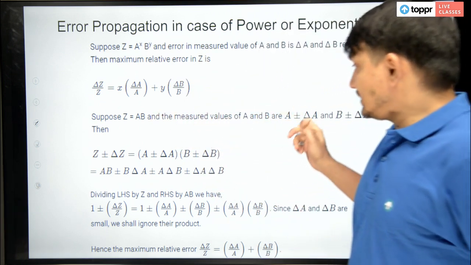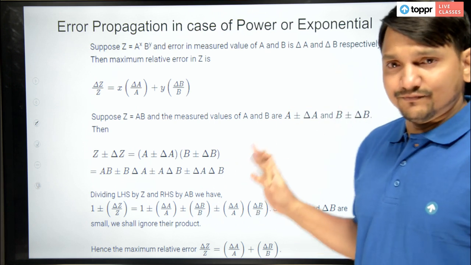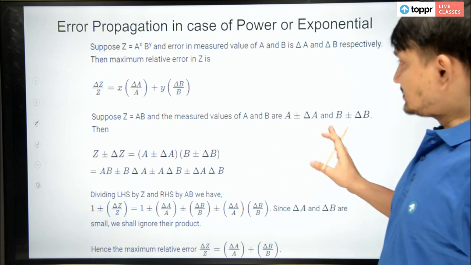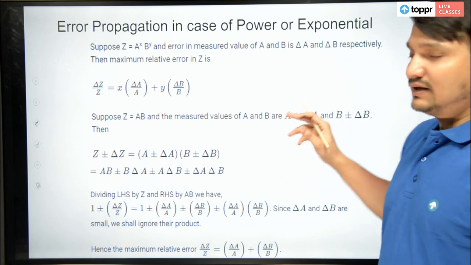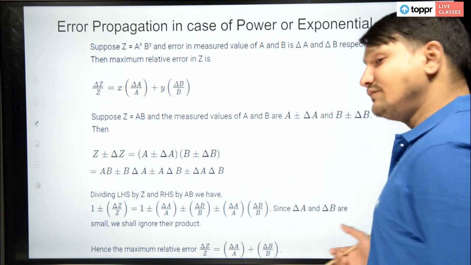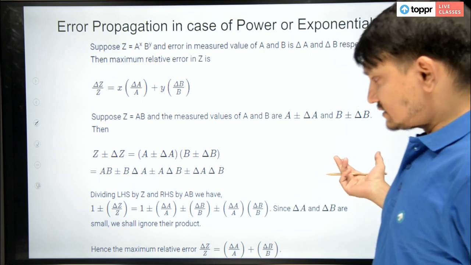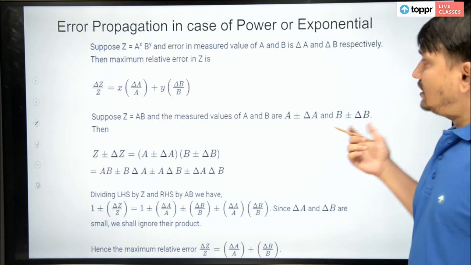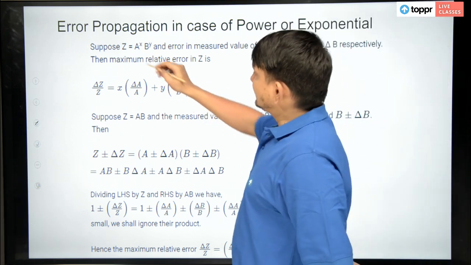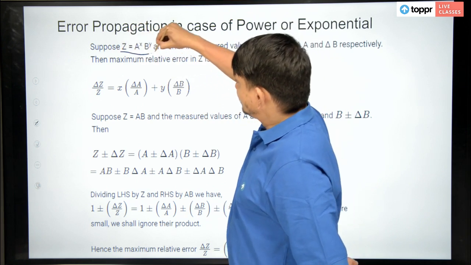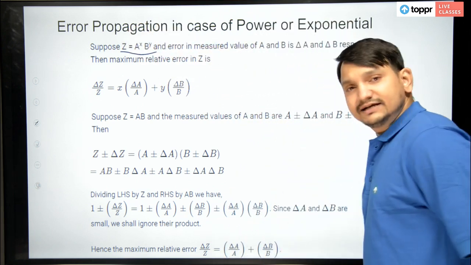We will be using a simple consideration of such a problem, and if time permits, we can move on with some more discussion on this. So suppose there are three quantities related in this way.